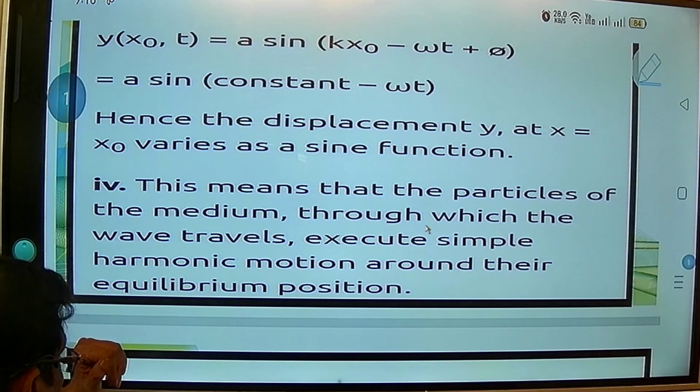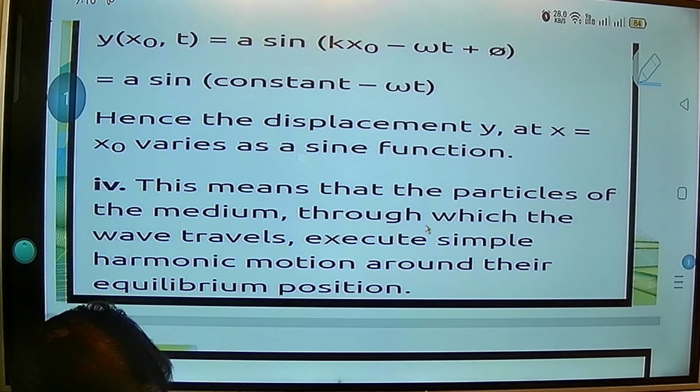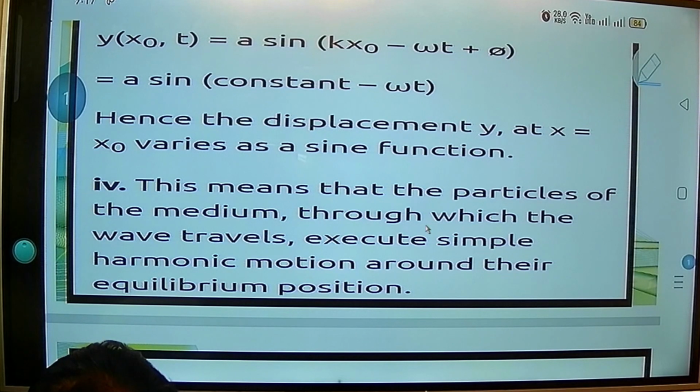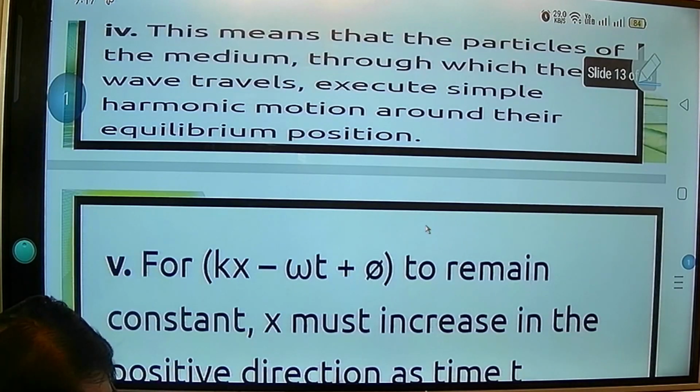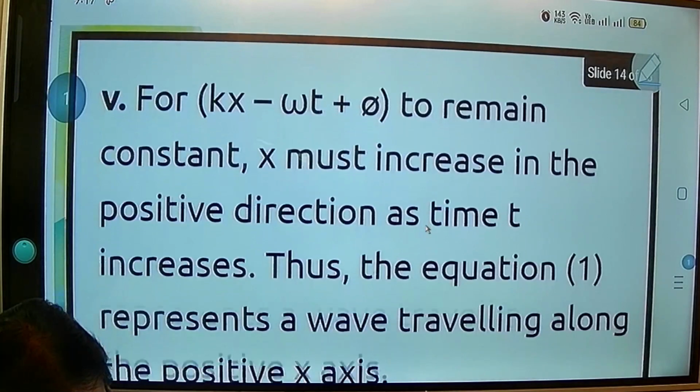So this tells us that the particles of the medium execute simple harmonic motion around their mean position.